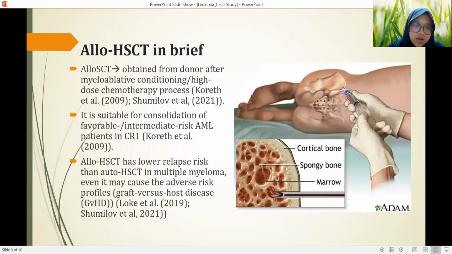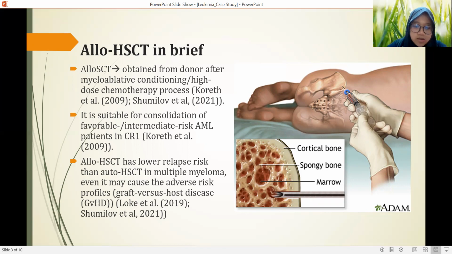The next one, we're going to talk about allo-HSCT in brief. Allo-SCT is obtained from a donor after myeloablative conditioning or high-dose chemotherapy process.